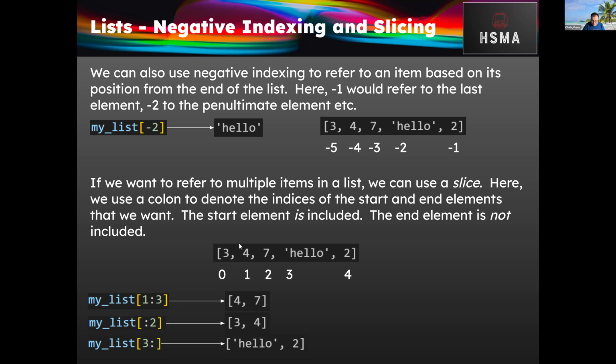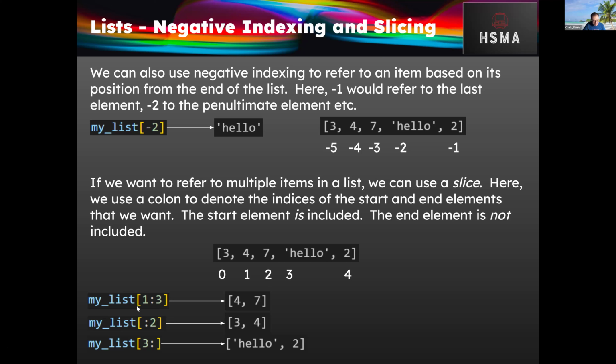Now, when you give the slice notation, the first index is counted, the second index is not. So just like when you specify a range, as you did in the for loops, it goes from and including the bottom number, up to but not including the top number.